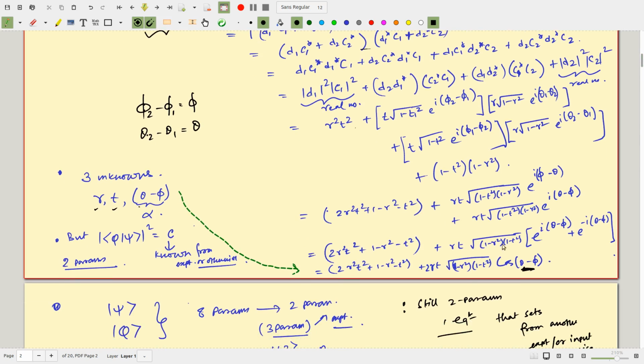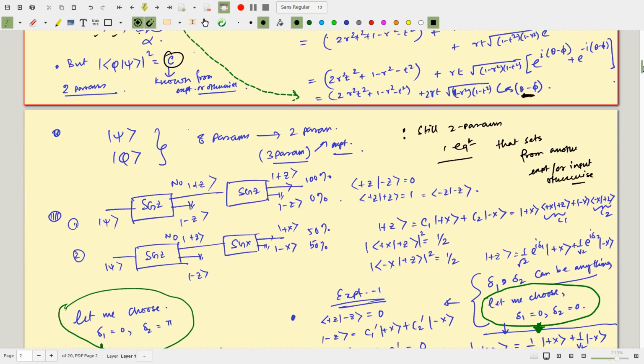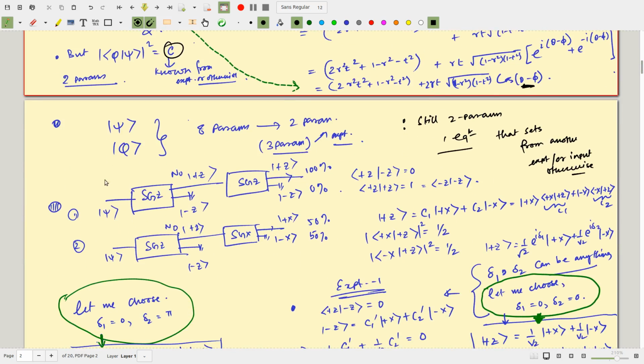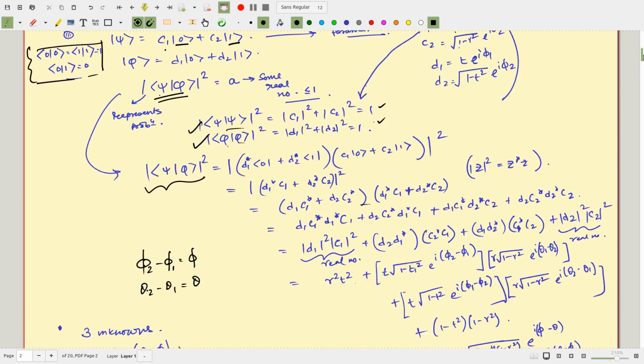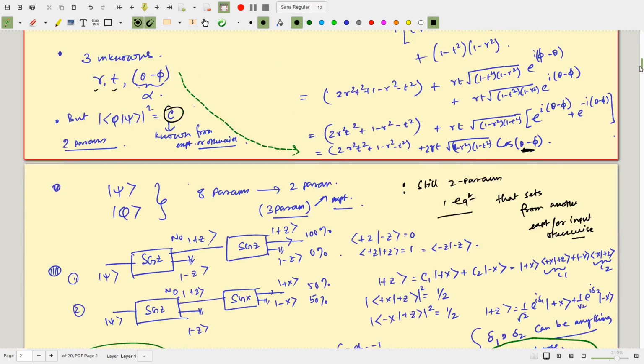But we know that this thing has to be some number. Let us say you know this number from some experiment or by some other argument. That means out of these three unknowns there are actually two unknowns, because there is one relation between them. So, now you noticed how much we have reduced the problem. The original problem had C1, C2, D1, D2, which are all complex numbers, which means 4 complex numbers, that means 8 parameters.